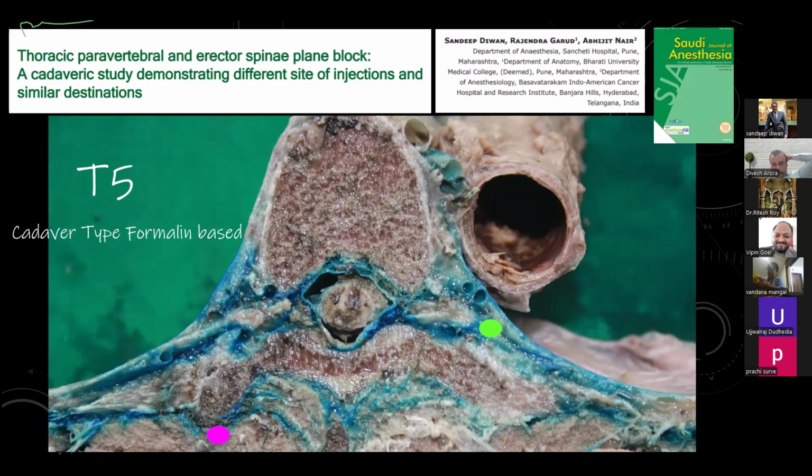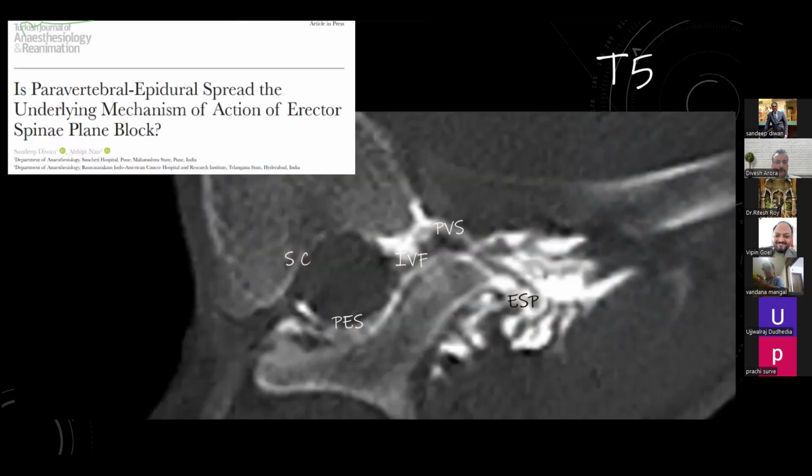So, I agree to some extent regarding the thoracic. This is what we find usually, and this is also what we find, the dye going from ESP to the epidural space. This is also what we find in living subjects, where you find ESP going to the epidural space.